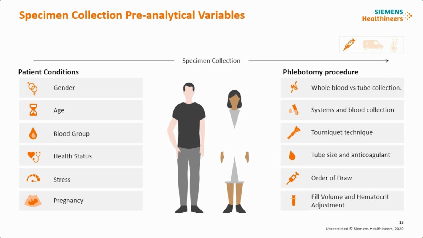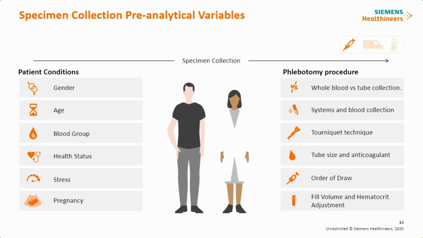And of course, we look at the phlebotomy procedure. Is it whole blood versus tube collection? Is it the tourniquet technique? Did the phlebotomist leave the tourniquet on for a couple of minutes? Did that result in hemoconcentration in the patient's arm, resulting in higher values? Tube size. The anticoagulant to use, is it 3.8% sodium citrate?